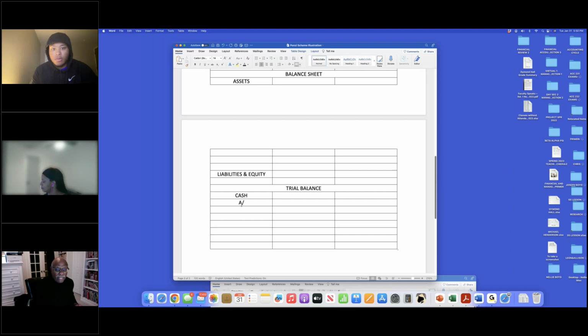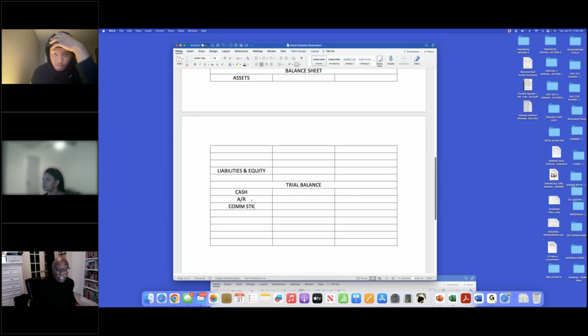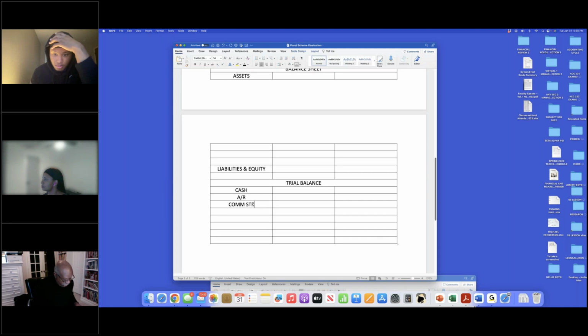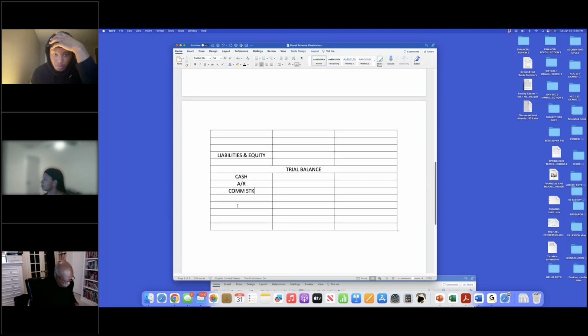What else do we have in order? We have common stock, and we have some dividends, and we have some sales, and we have a salary expense.